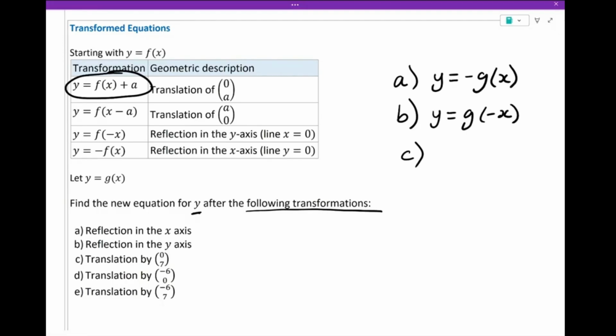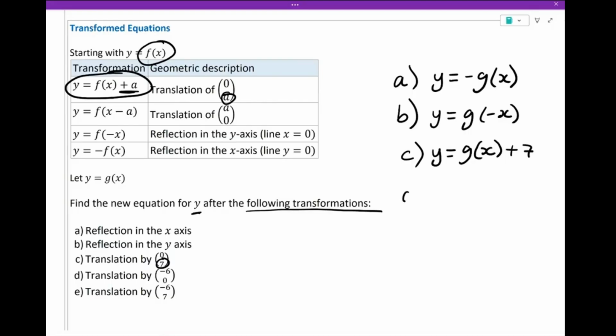What this is saying is, if you start out with f of x, to get a translation of (0, a), we would take that value of a, our vertical component, and add it on to our initial function. So for part C, it's going to be y equals g of x plus or potentially minus some value. In this case, our vertical component is 7, so we are just going to add 7 on. And that would be my answer.